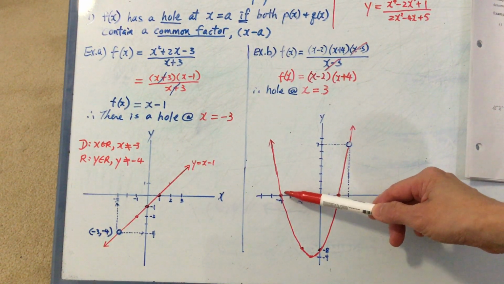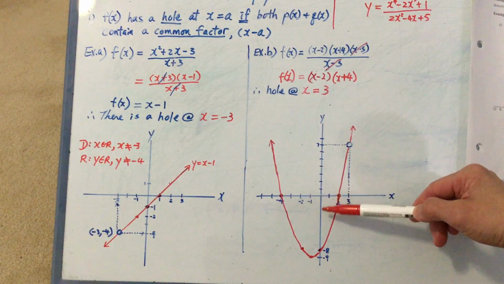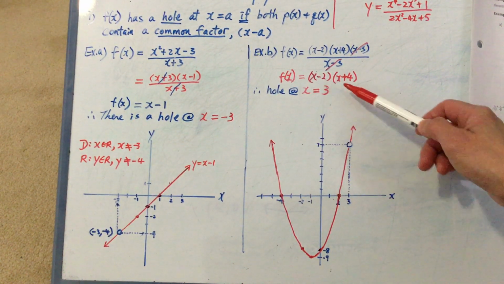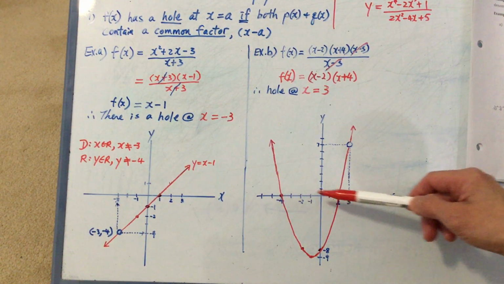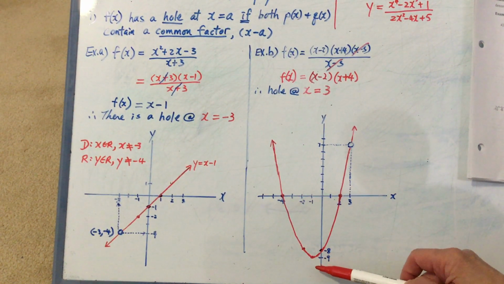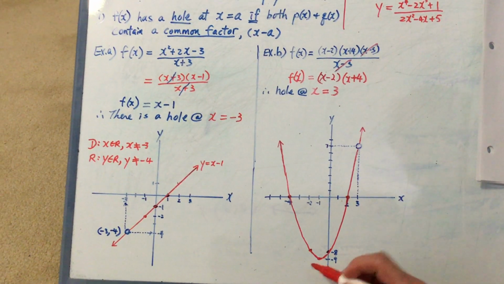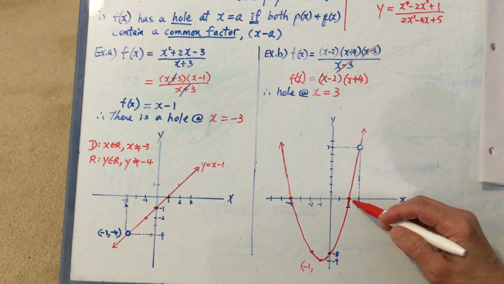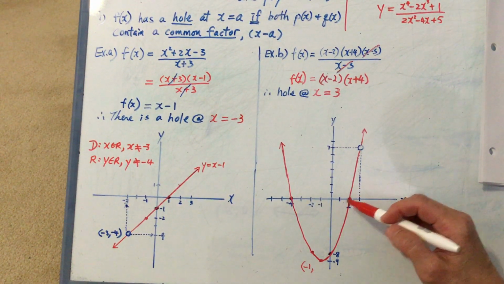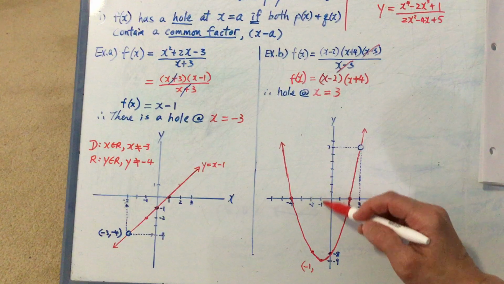Okay? And with the zeros, we can figure out the vertex. The x coordinate of the vertex will be the midpoint between the two zeros, which is negative 1. So 4 here, 2 here, the middle will have to be negative 1.